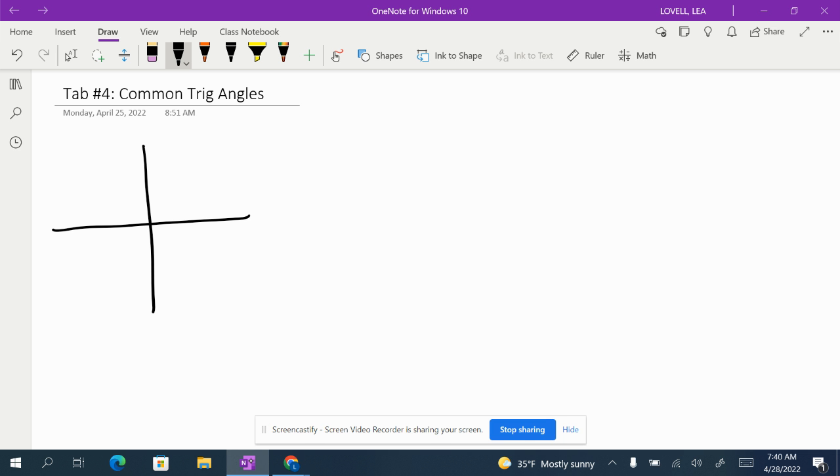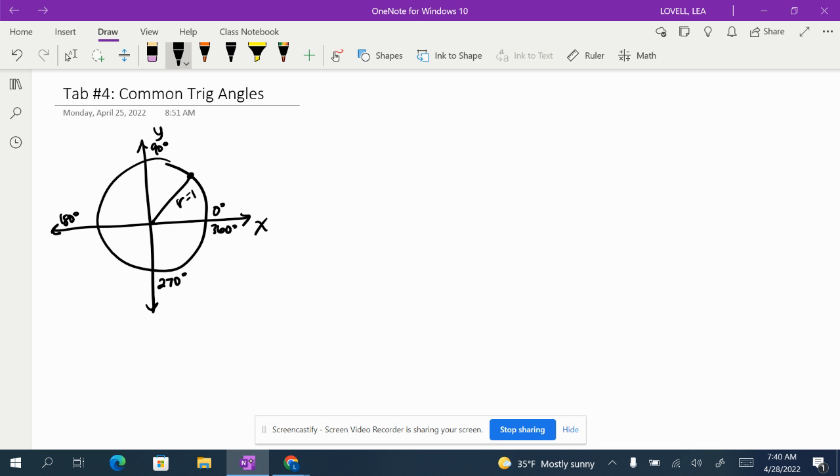The unit circle is a circle with a radius of 1, superimposed onto the coordinate plane. And the unit circle is super useful because it helps us calculate the trigonometric ratios known as sine, cosine, tangent, cosecant, secant, and cotangent of any angle between 0 degrees and 360 degrees.